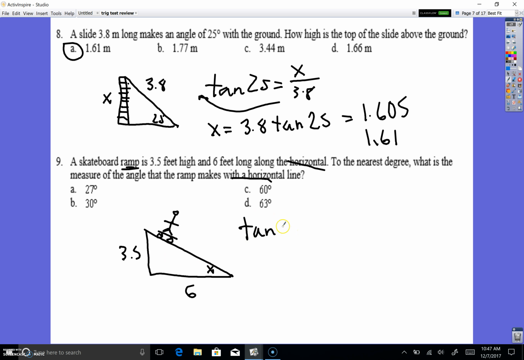Tangent of x is equal to 3.5 over 6. Okay, so x is equal to, anytime we find angle, we have to get the inverse. And then we redo that, and do it correctly.